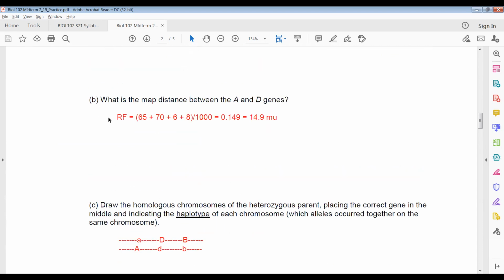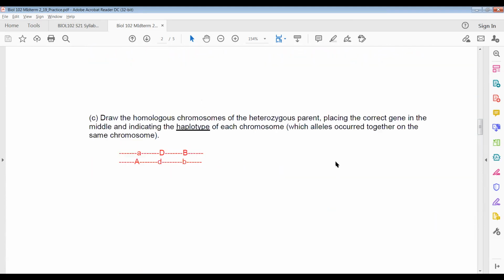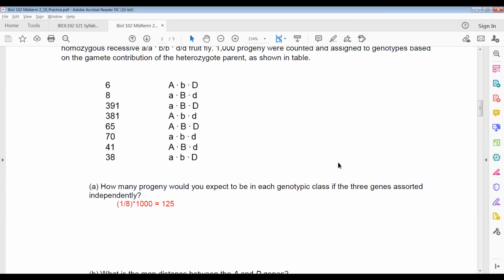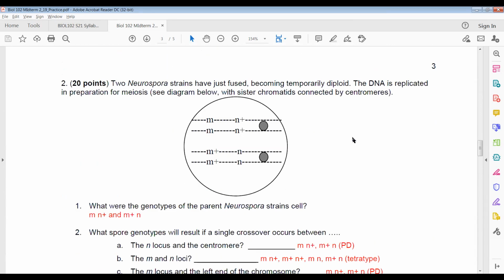Then you can easily calculate the recombination frequency using the number of non-parental type divided by the total number. This gives you the genetic map distance between gene A and D. It's not that difficult, it's very straightforward. As long as you understand the logic behind it, don't worry about the midterm. You should be doing very well.